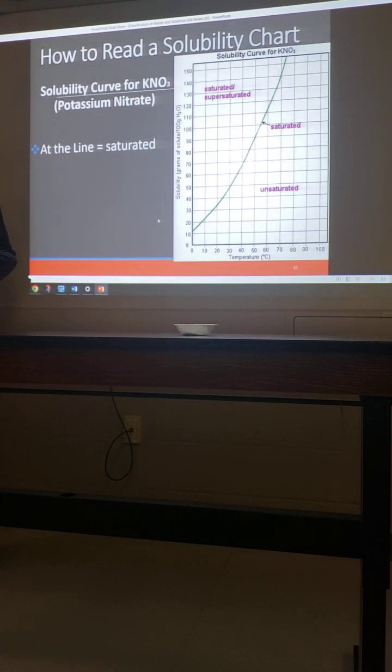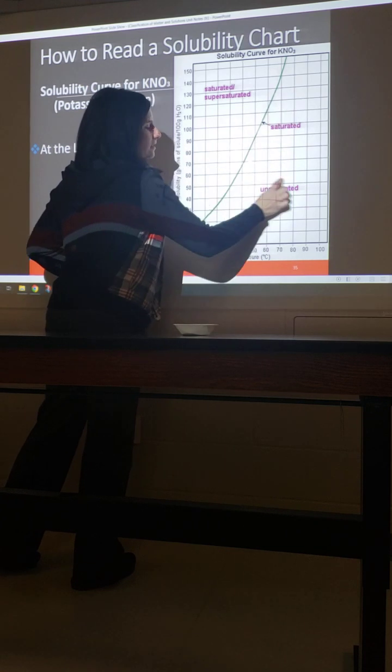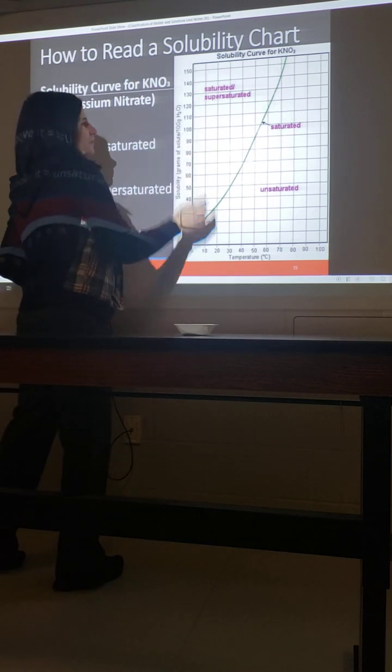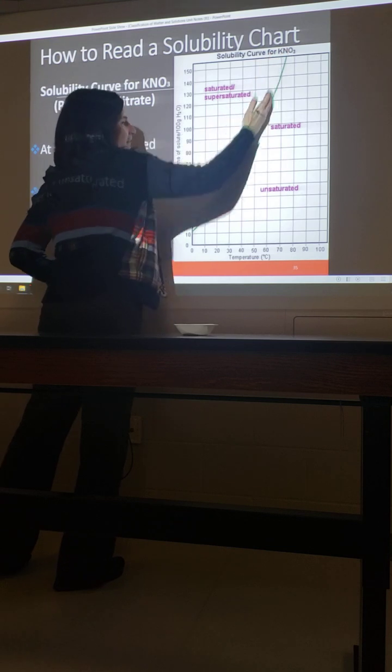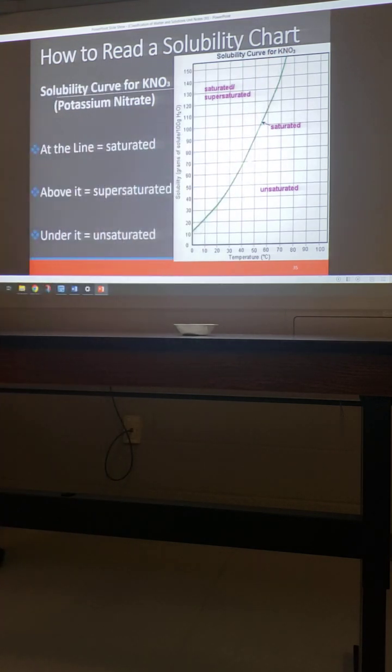In this example, you could also think it means under: un and under. Anything under this line is our unsaturated. Anything above the line, we're going to call the supersaturated. So you have this line, think of shading this in, that would be considered supersaturated.